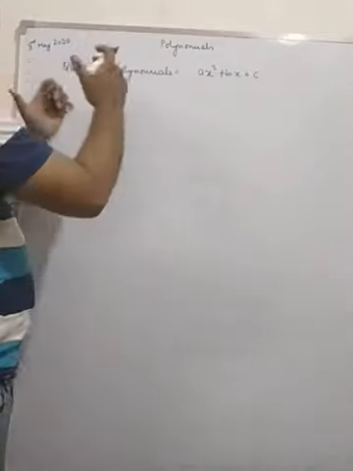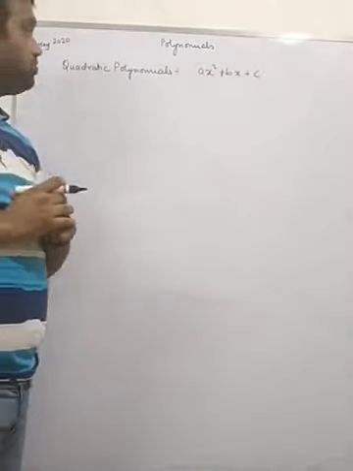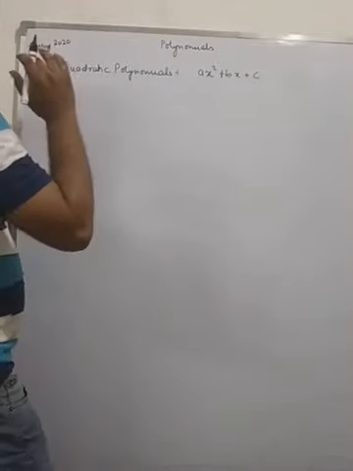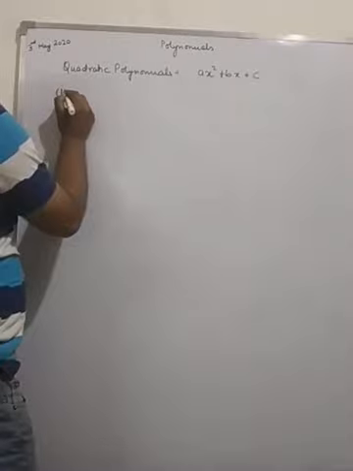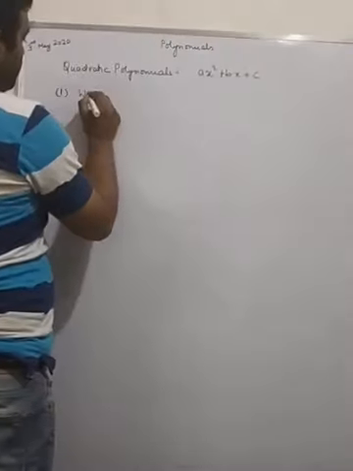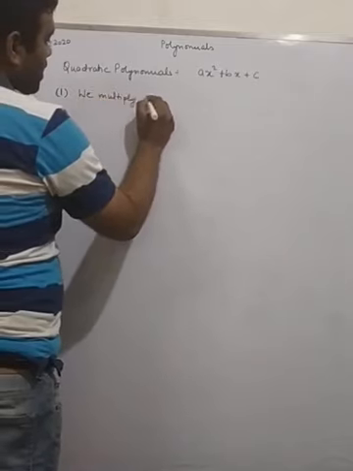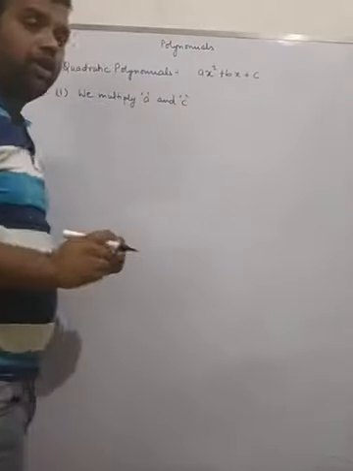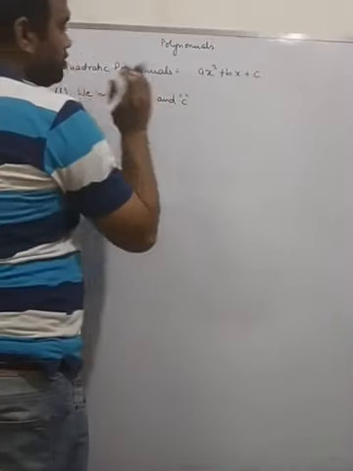So there are certain steps of doing the factorization of this quadratic polynomial. Let us discuss those steps. The first step is, first of all, we multiply A and C. In the first step, we do nothing.